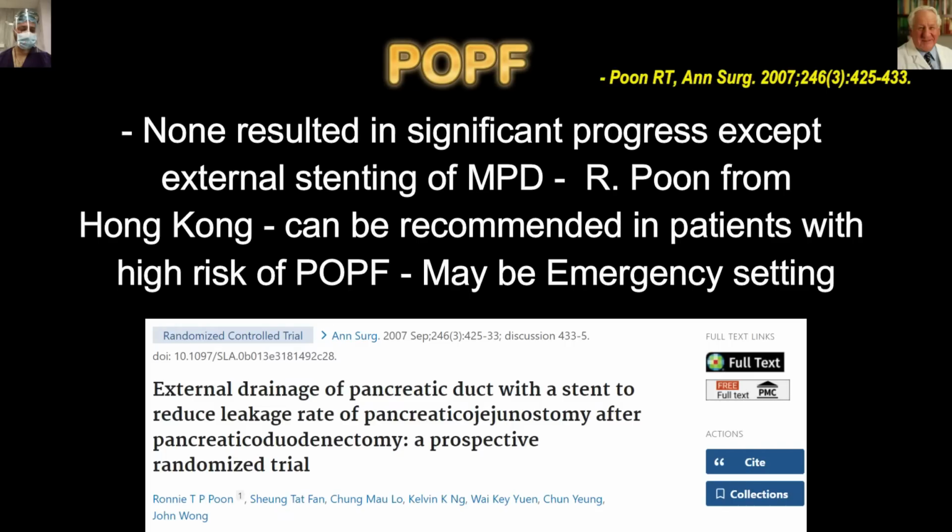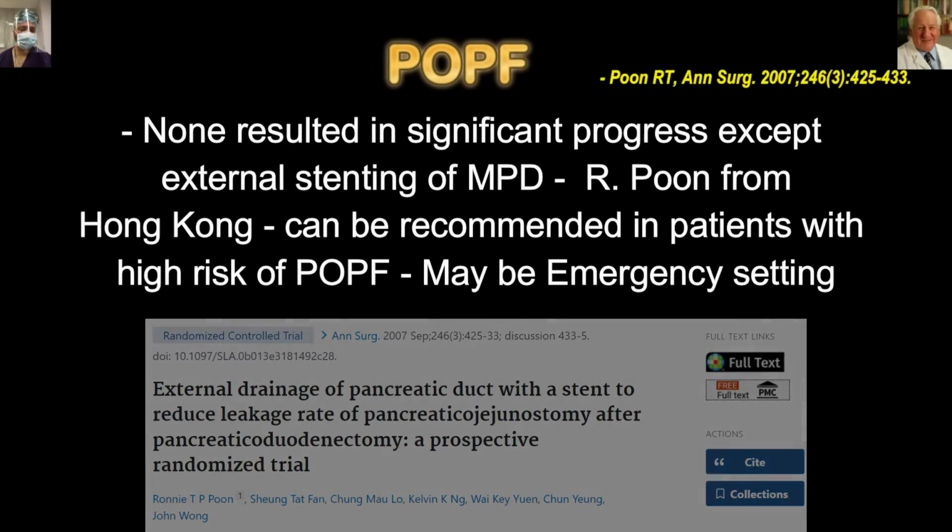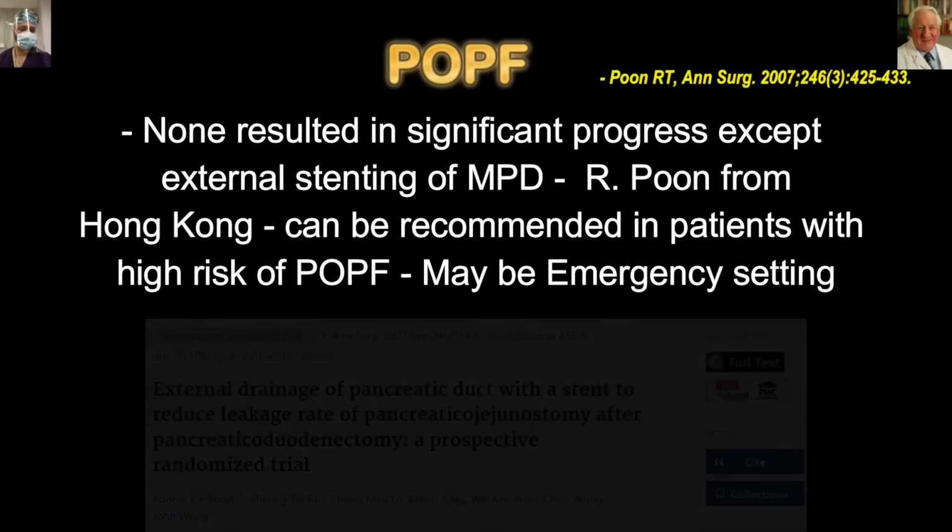I personally have no experience, I have not seen this technique, but I feel it may be of some use in high risk cases, or like when you're doing a trauma case where the duct is just 2 mm. Here you can place a stent and drain it externally to reduce the rate of POPF.